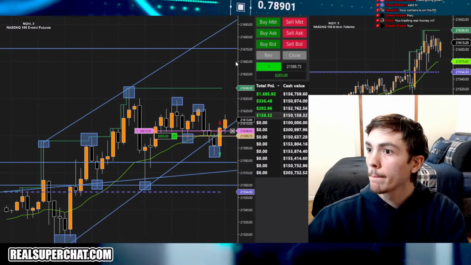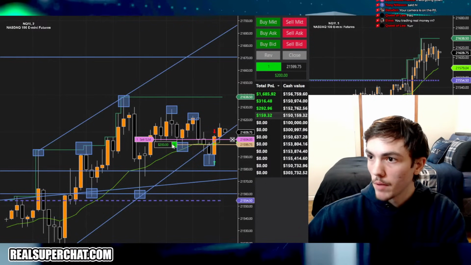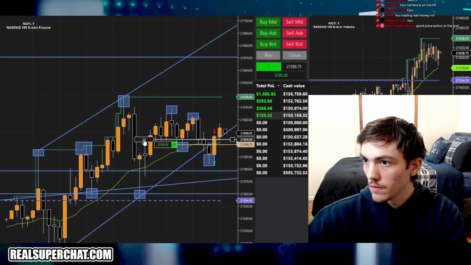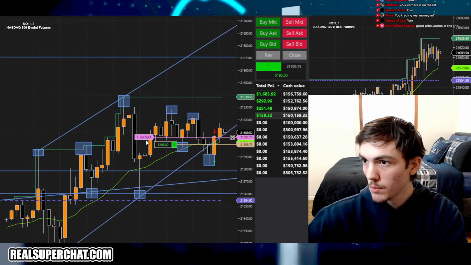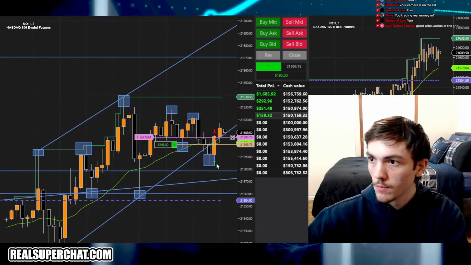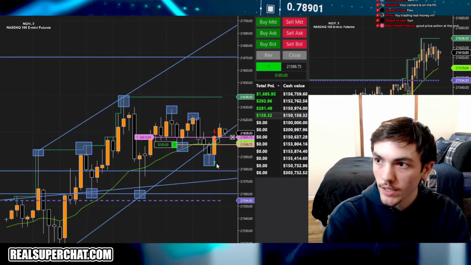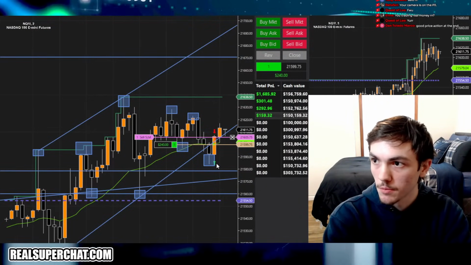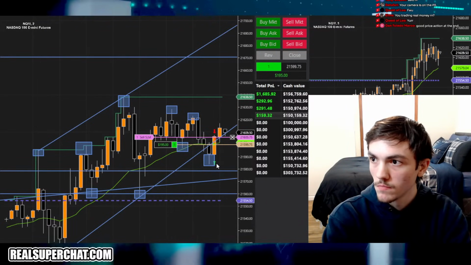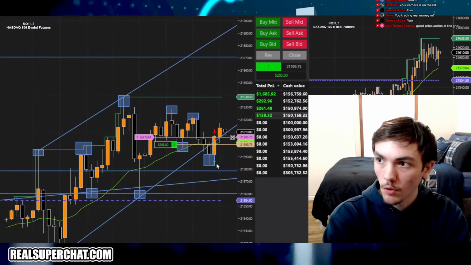Okay. Not bad, not bad. I'm gonna move stop up a little bit. I really wanted to get away from this support of the range. Securing 6 points.